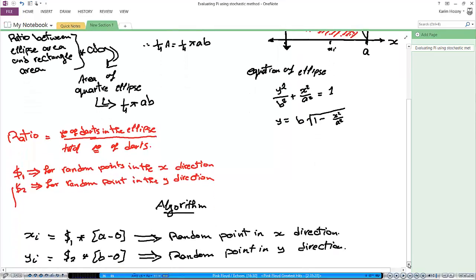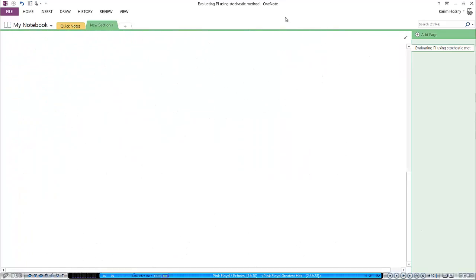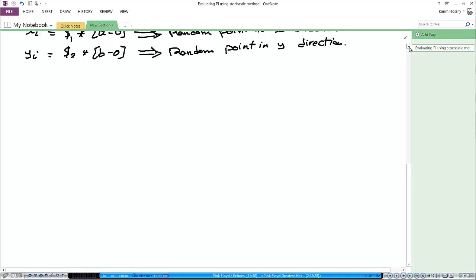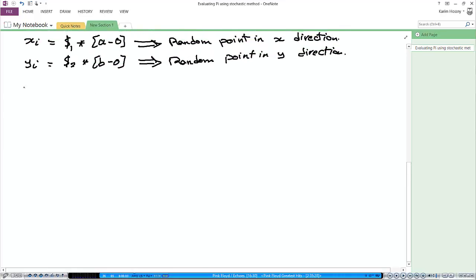Therefore, I need to make f of xi to compare with.